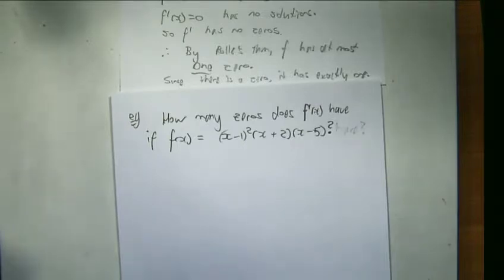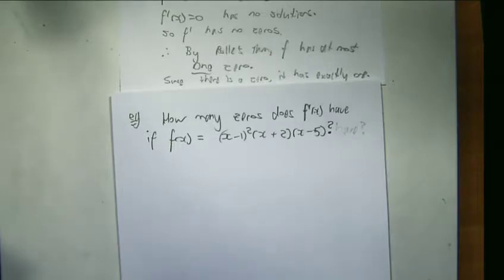Much better. Okay, so this question, you can tell it's Rolle's theorem because Rolle's theorem concerns the derivative and the function and how many zeros they have. So I can tell I have to use Rolle's theorem to do that.